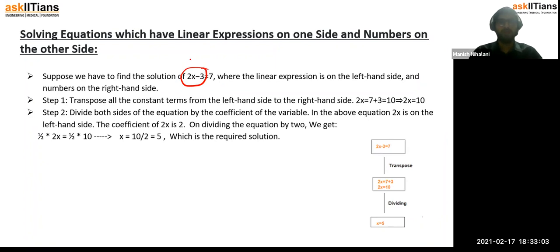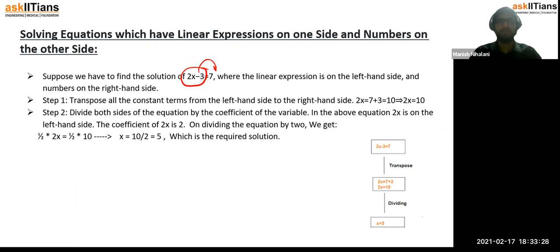So step one to solve this is to transpose all the constant terms from the left hand side to the right hand side. Here we have the constant minus 3 on the left hand side, which will be transposed to the right hand side. Then the equation will become 2x is equal to 10.